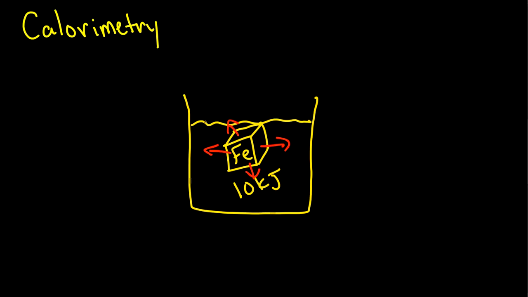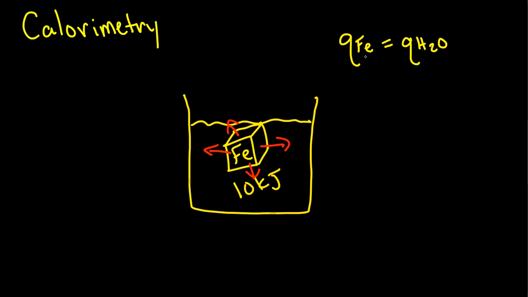There'll still be energy lost to the environment around, but the transfer between iron and water itself is going to be greatly reduced because now they're at an equal state. So we could say the energy of iron is equal to the energy of water.